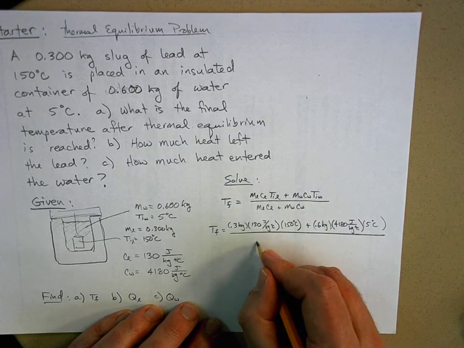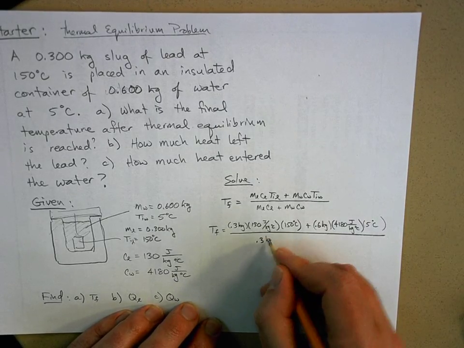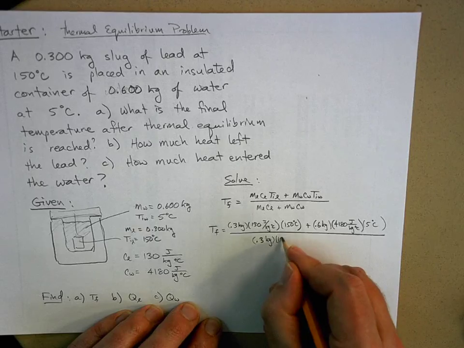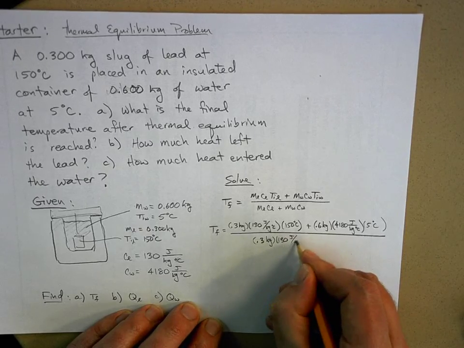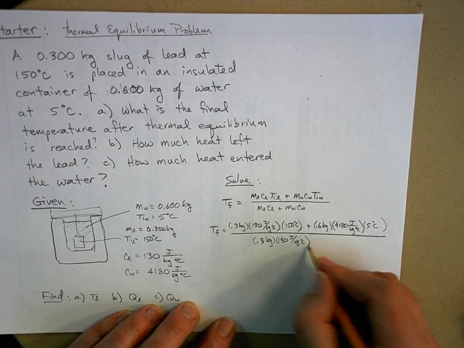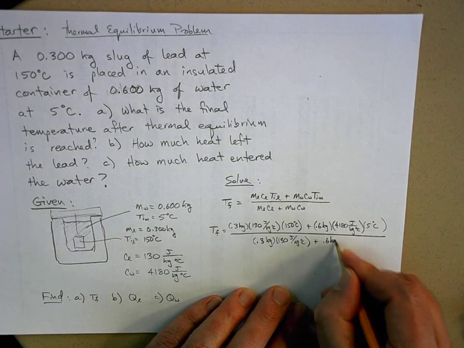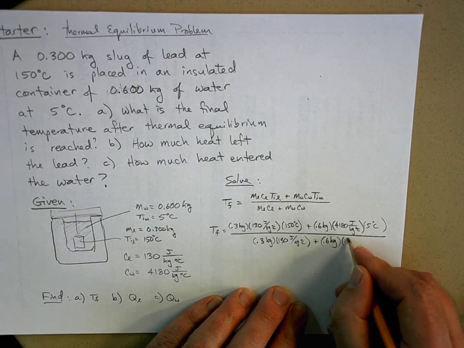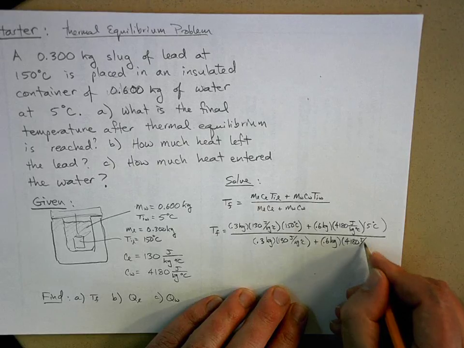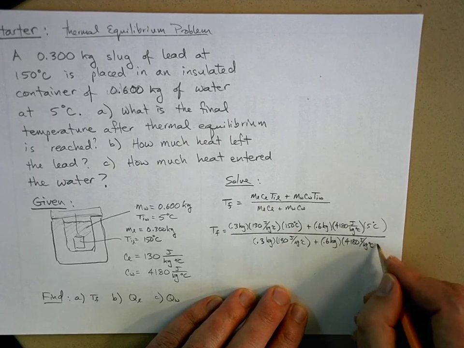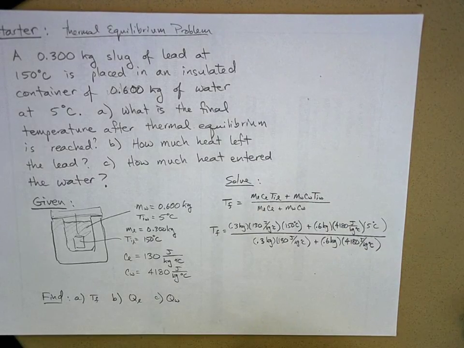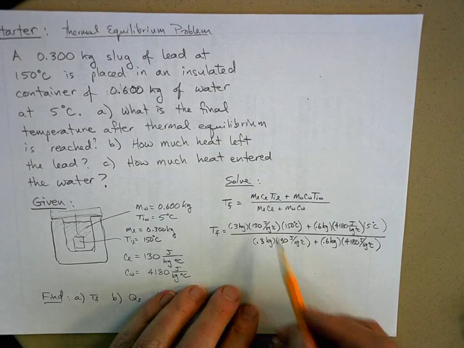And then you just do this, 0.3 kilograms times 130 joules per kilogram degrees Celsius plus 0.6 kilograms times 4,180 joules per kilogram degree Celsius. And so look at this.